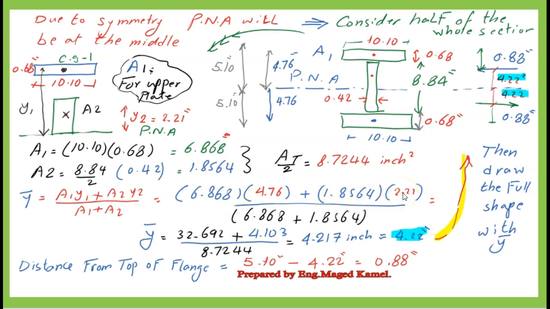The sum of AY divided by A1 plus A2 equals 4.217 inches. The distance of CG from the top of the flange can be found to be 0.88 inches. The Y-bar distance is the distance from the point of application of the compression force to the plastic neutral axis.